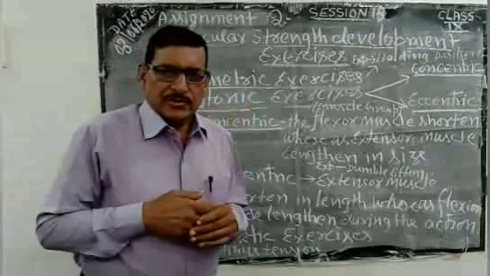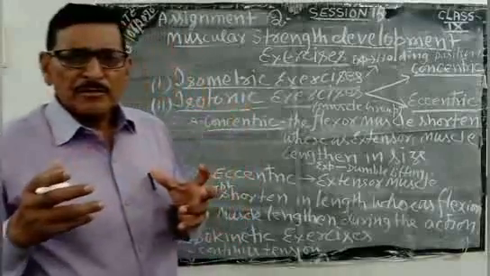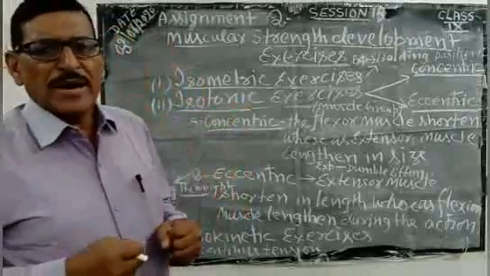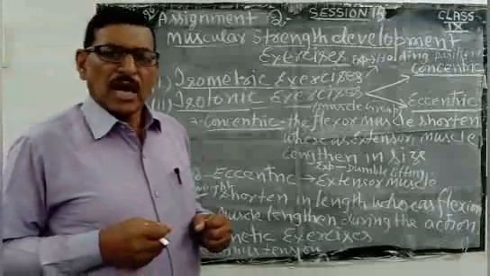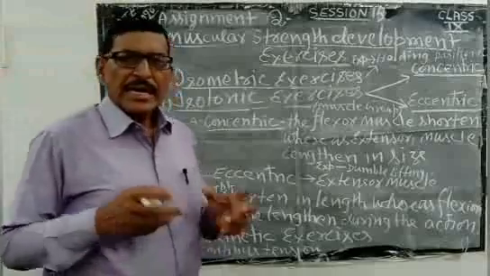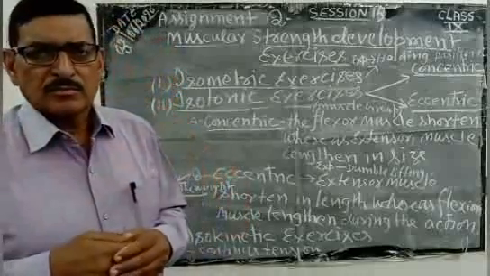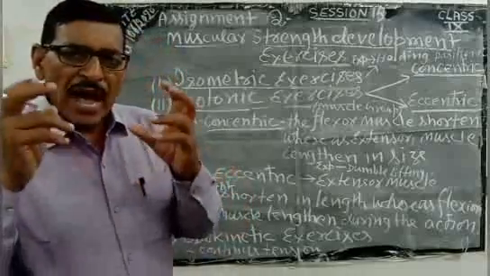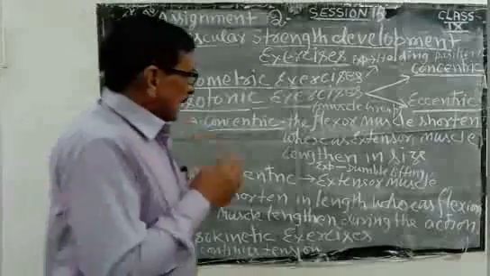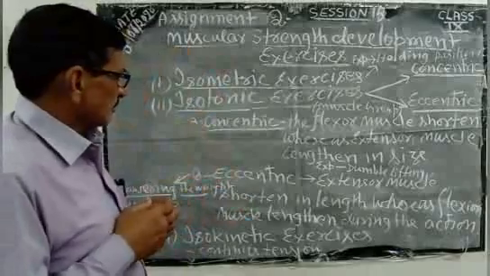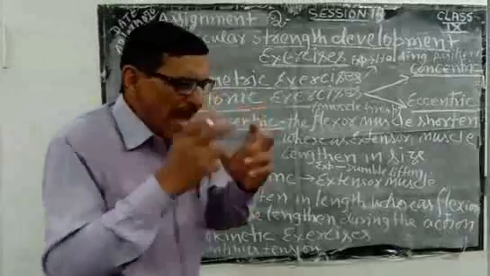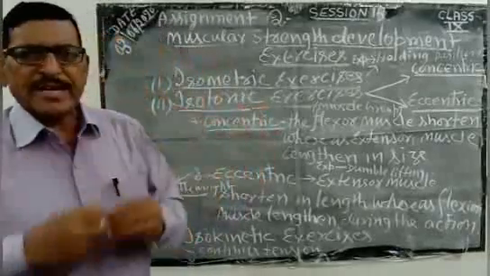Concentric exercise, it is upward movement of action. Now I am going to repeat. It is upward movement of action. In this exercise, the flexor muscle shortens.